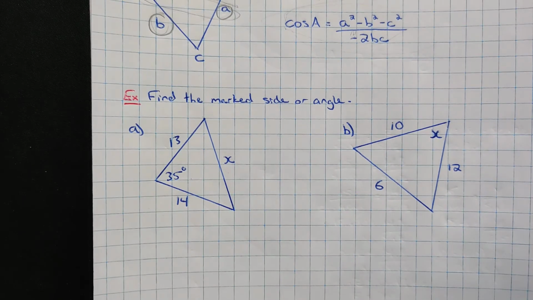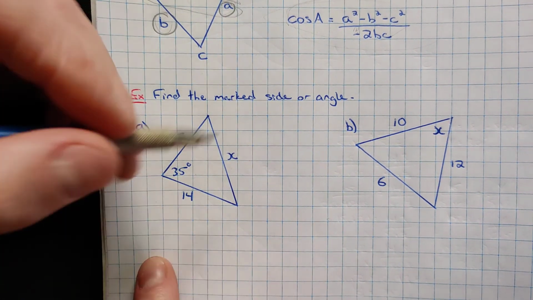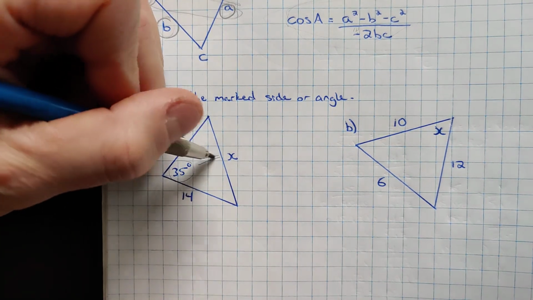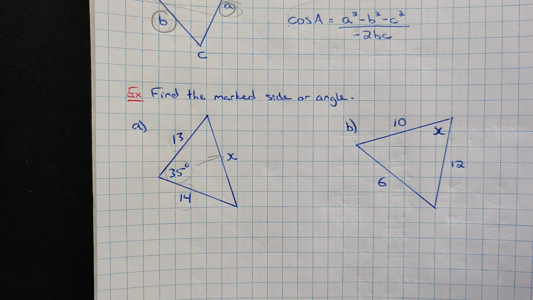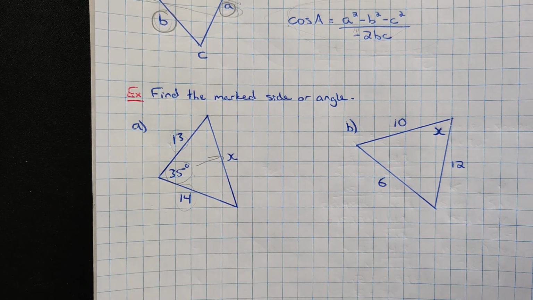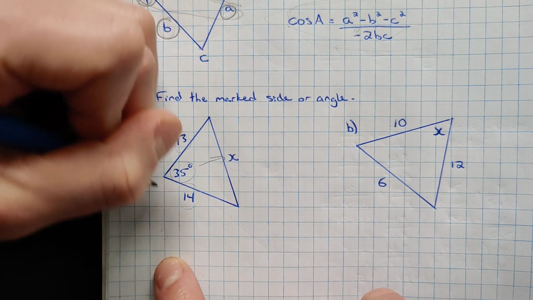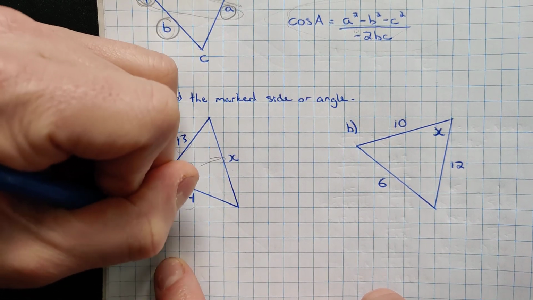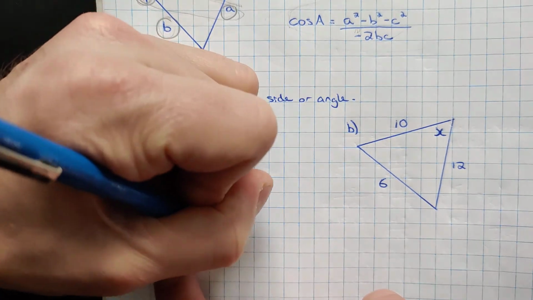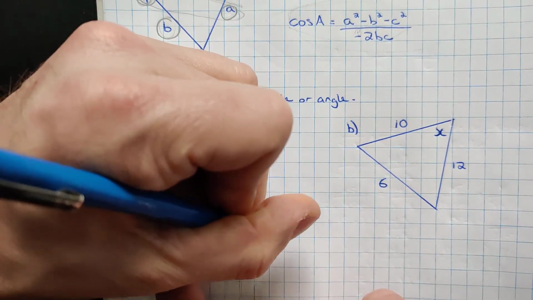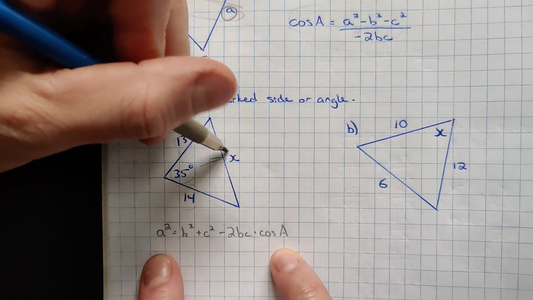So if we take a look at our first example here, we have a side missing. You see there's my angle. We're looking for its opposite side, and then it's wedged in between two other sides. So we can use that now to find x. We have A squared equals B squared plus C squared minus 2BC times cosine of A. And our A values are this pairing here.